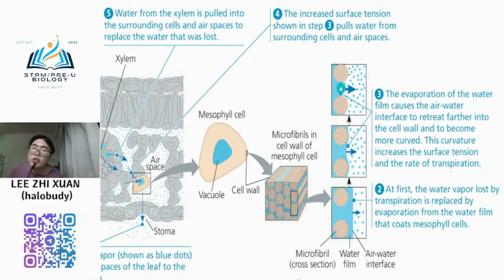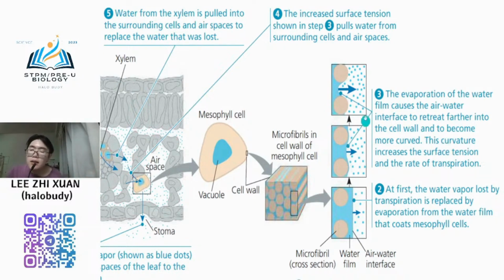So when the water molecules are in a curved shape like that, it will increase the surface tension so that it can maintain the inner part of the cell wall water in liquid form. So that is the meaning of surface tension. So yes, it is very highly related to the water property.